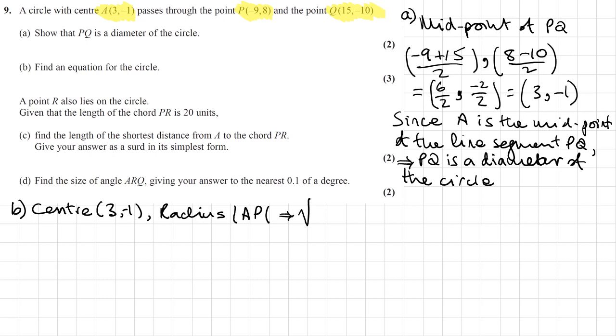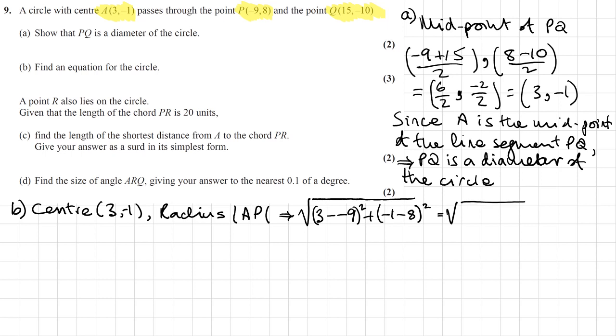So that's going to be the square root of the difference between the x coordinates, 3 minus -9, all squared. Then the difference between the y coordinates, that's going to be -1 minus 8, all squared.